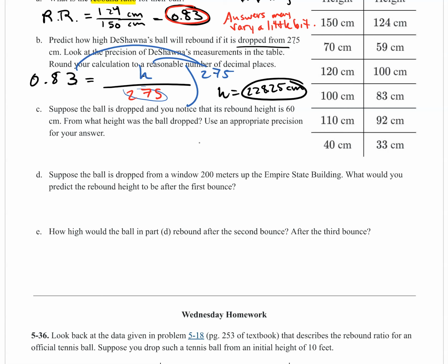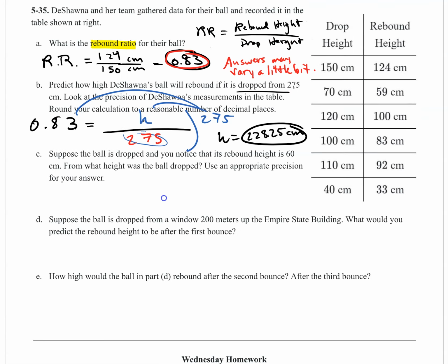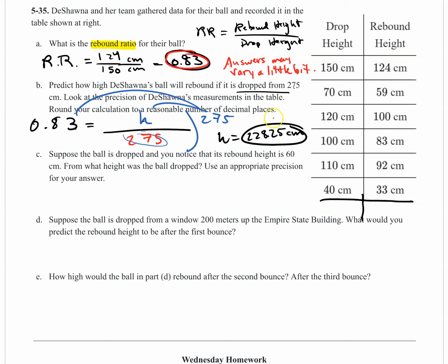We can predict these numbers. So if this were in our table, you can imagine another entry here. Let's see, drop height is 275 centimeters, rebound height is 228.25 centimeters. Okay, now suppose the ball is dropped and you notice the rebound height is 60. So what if the rebound height is 60 centimeters?